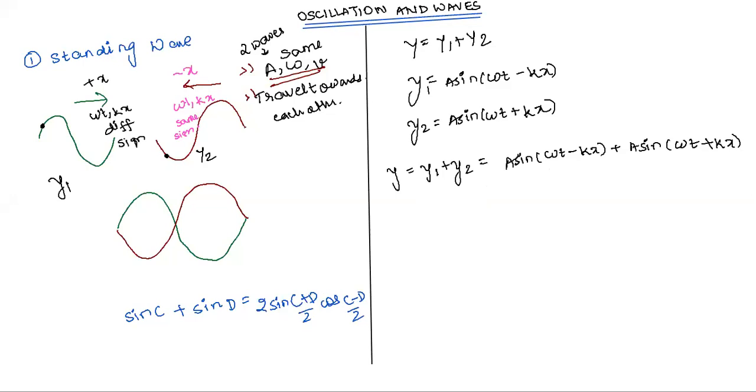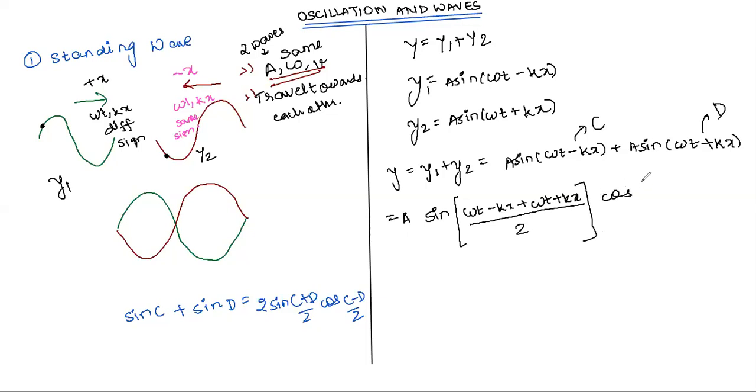We'll take a common. Then we have this as suppose c. This entire expression becomes d. So we have sine of c plus d by 2, that is omega t minus kx whole plus omega t plus kx, c plus d whole by 2.